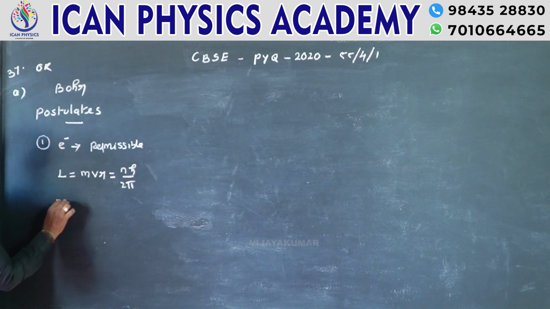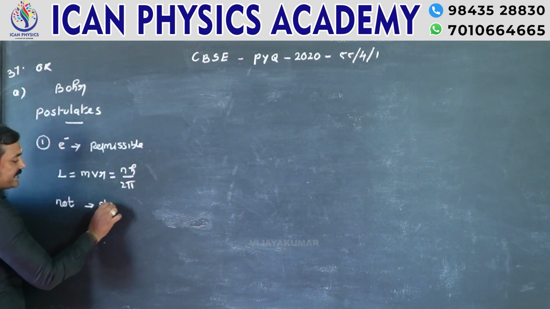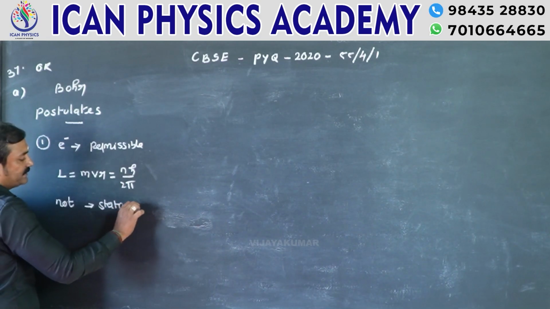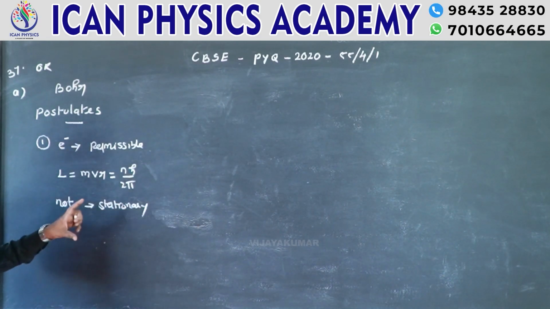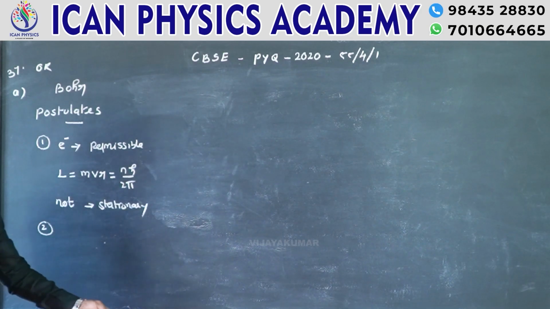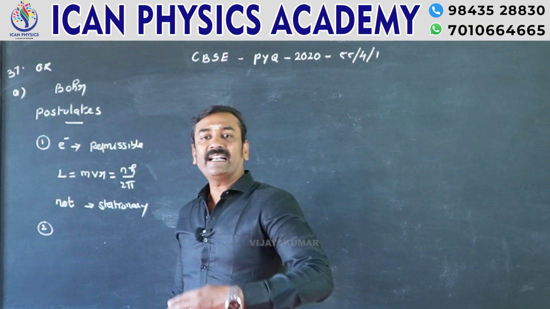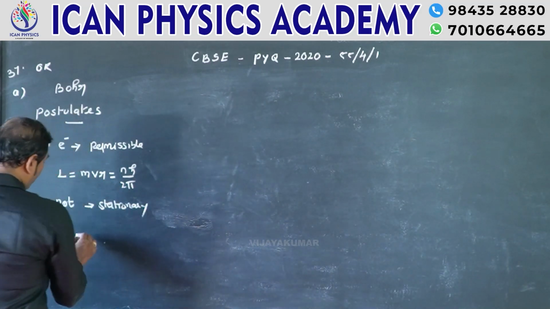The electron does not radiate energy in a stationary orbit. This is the first postulate. And the second postulate: when the electron jumps from a higher orbit to a lower orbit, it radiates energy. Okay.